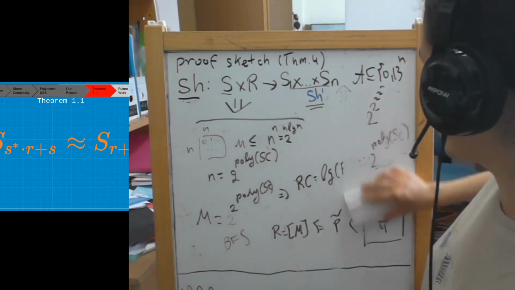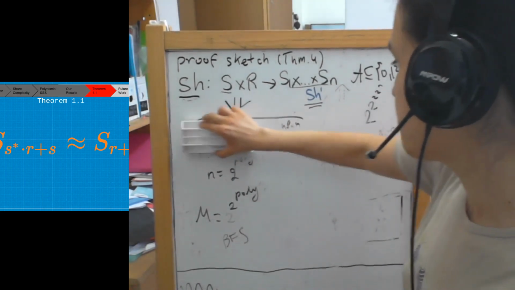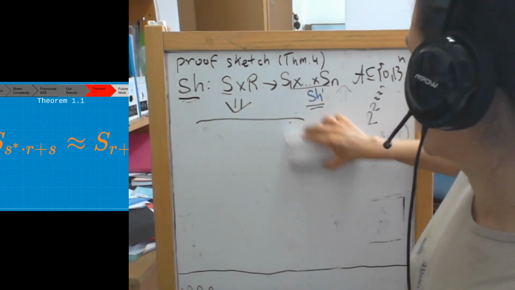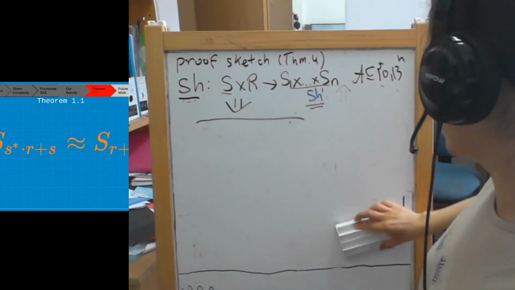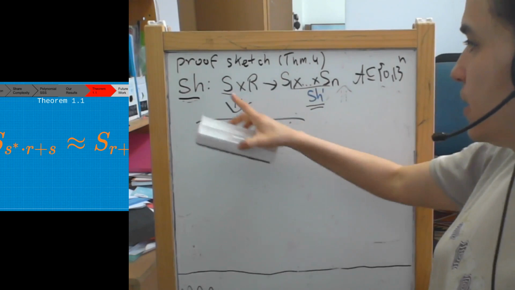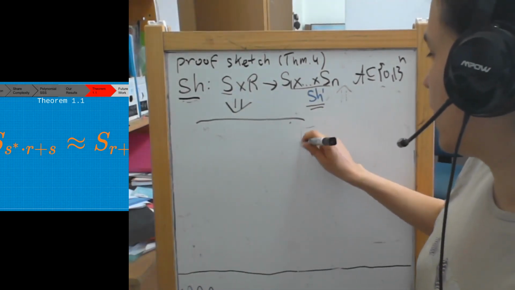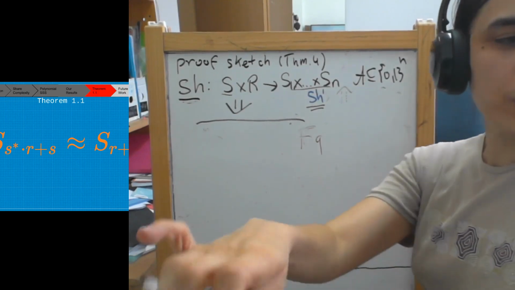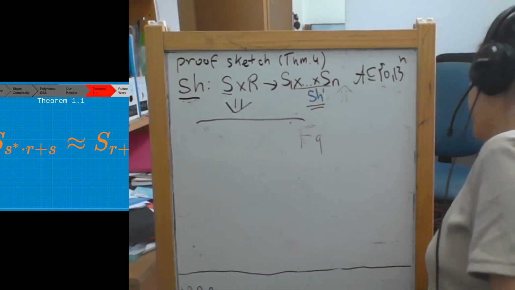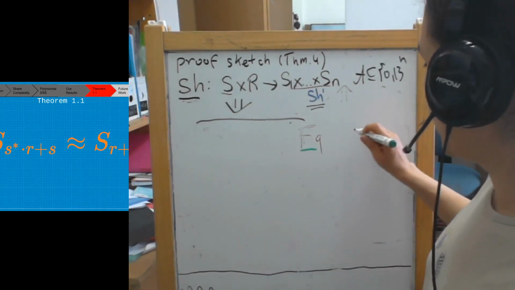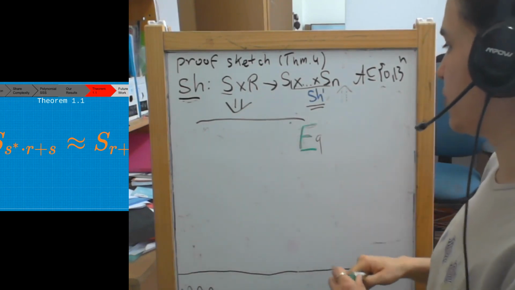Okay, good. So that was a proof sketch for a general secret sharing scheme. Now, if the sharing scheme was initially a polynomial secret sharing scheme over some field F_q, how do we make sure that the new scheme is also a polynomial scheme over F_q?